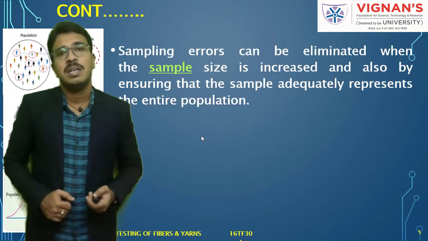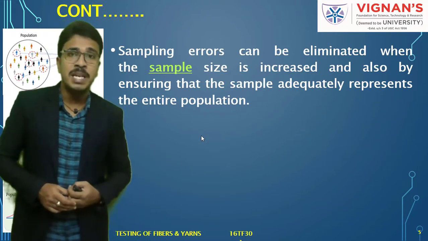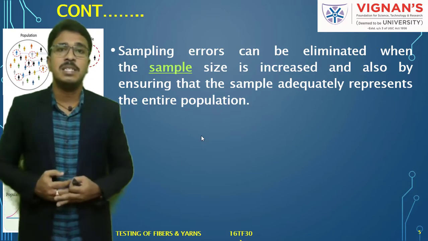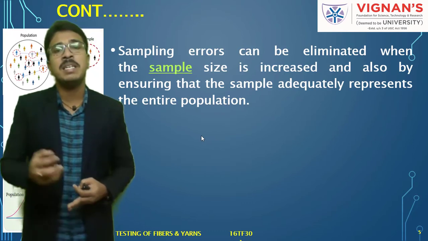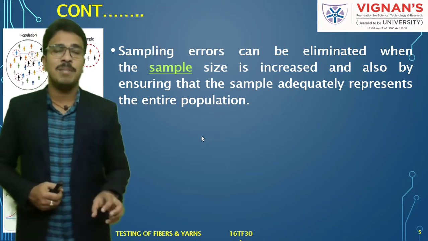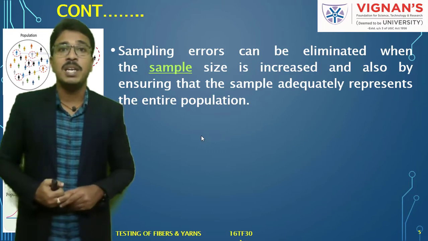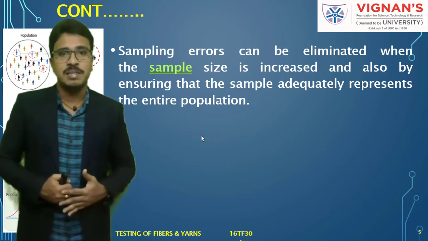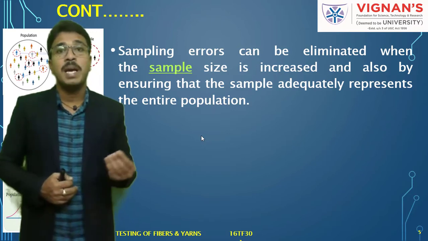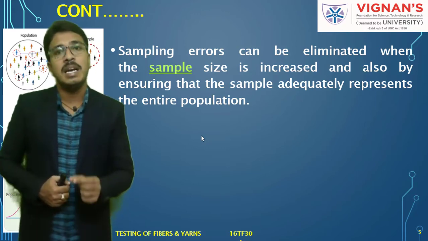And whatever sampling errors are there can be eliminated or minimized when the sample size is increased. This is one of the best ways to minimize sampling errors. So instead of testing 10 samples, if you increase the sample size to 20 or 25, you can minimize the sampling errors. Also, ensure that the sample adequately represents the entire population.